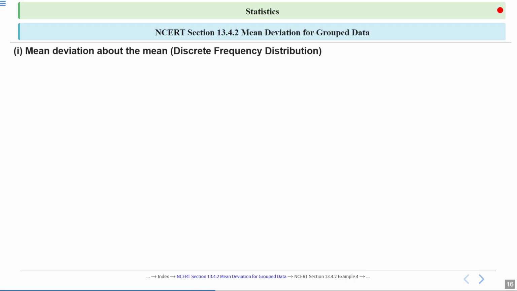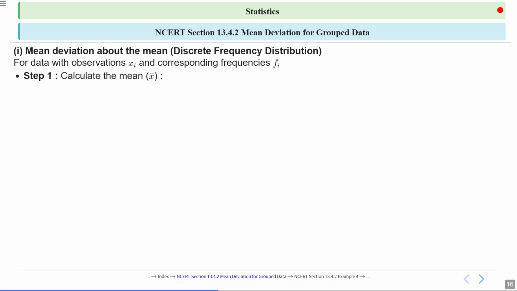Now, we are focusing on mean deviation about the mean for a discrete frequency distribution. For data with observations xi and corresponding frequencies fi, step 1 is to calculate the mean x bar. So x bar is equal to summation fi xi upon n, where n equals summation fi.